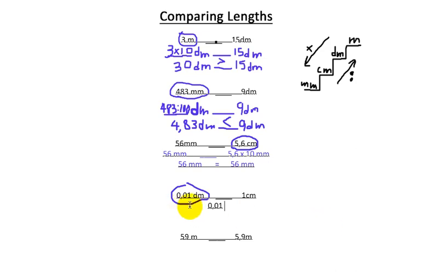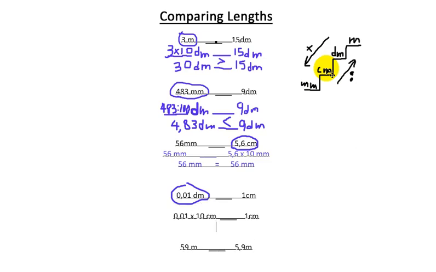What do we need to do with this? We need to multiply or divide. Since we're going from decimeters to centimeters, I'm going down, so times 1 step, so 10. And what do we want to turn it into? Centimeters. In the comparison line, and then 1 centimeter stays the same.